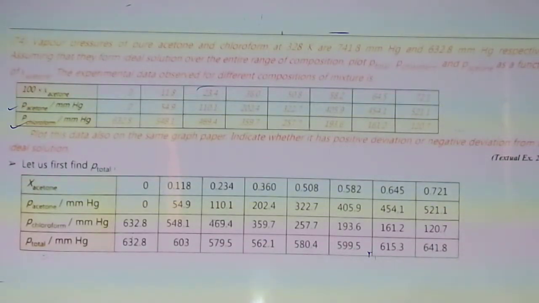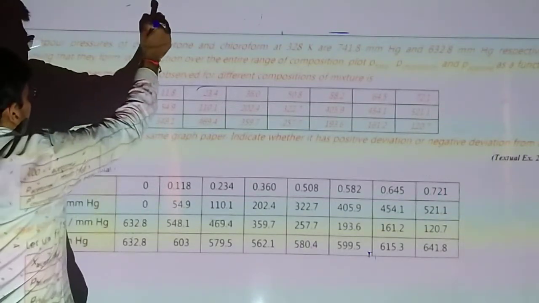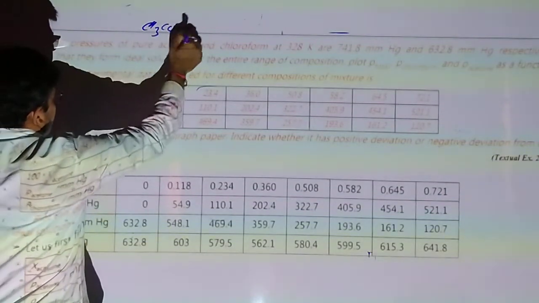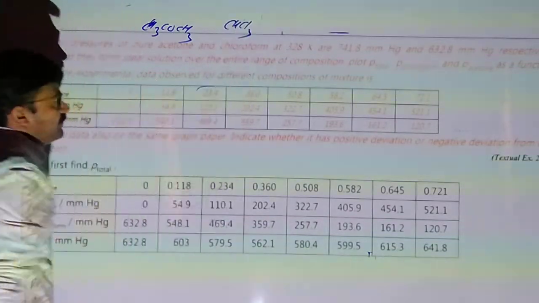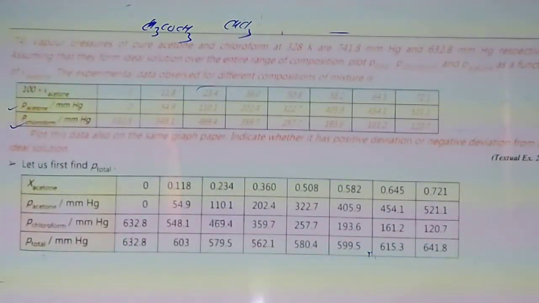Assuming that they form an ideal solution, acetone with chloroform, over the entire range of composition, plot P total, P chloroform and P acetone as a function of X acetone.